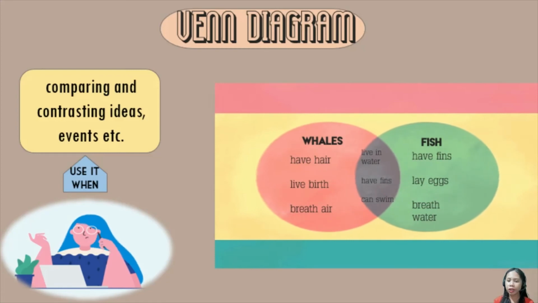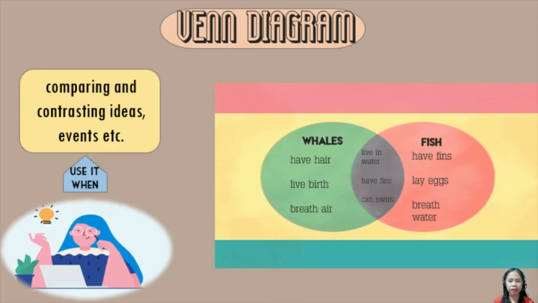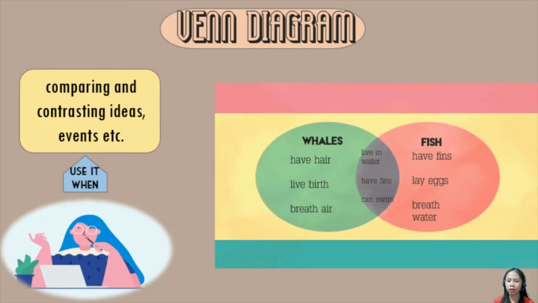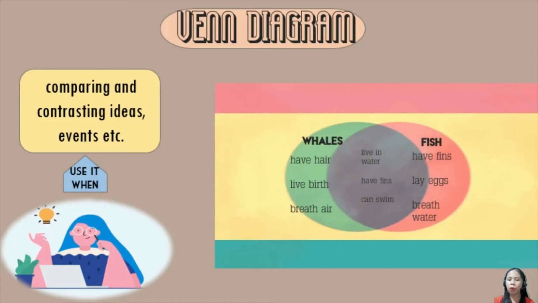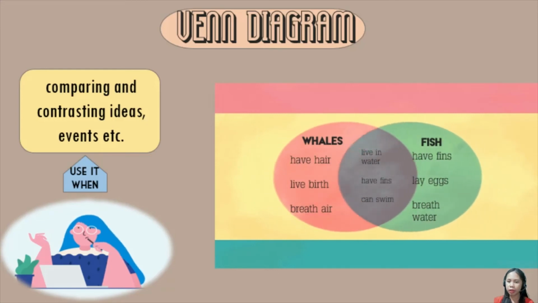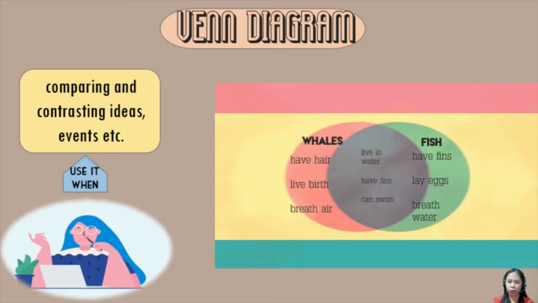Where the circles meet would be the similarities between or among ideas or concepts, and where they do not meet would be the features that are distinct from the others being compared to. One more thing, you may use two or more overlapping circles to show similarities and differences among the ideas or events that you want to compare and contrast.